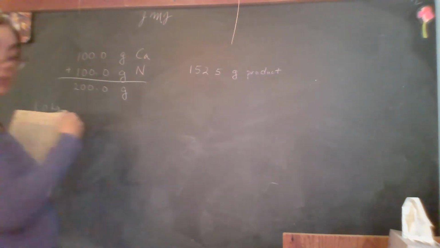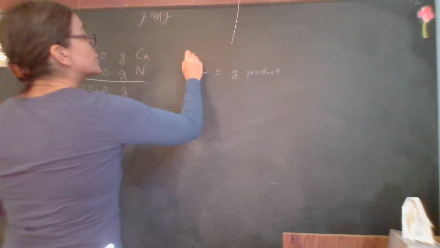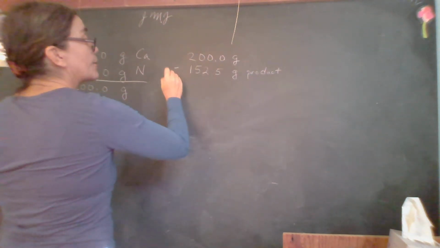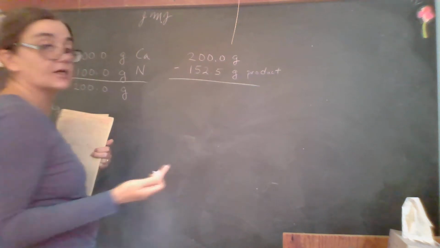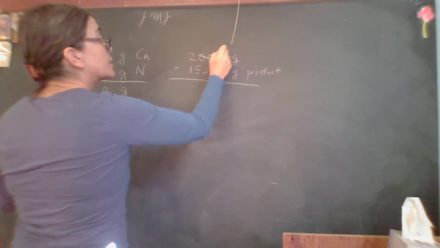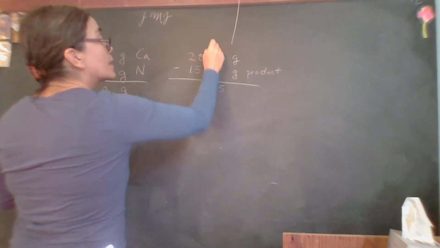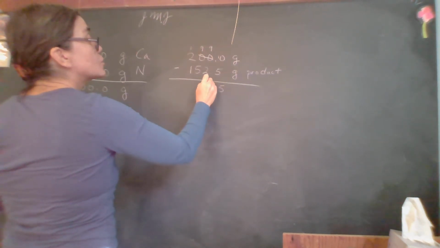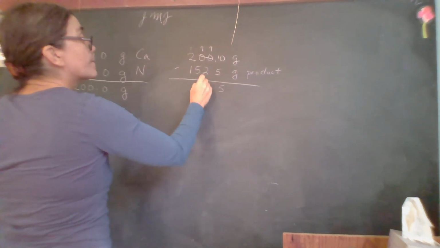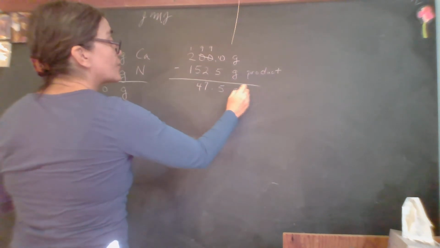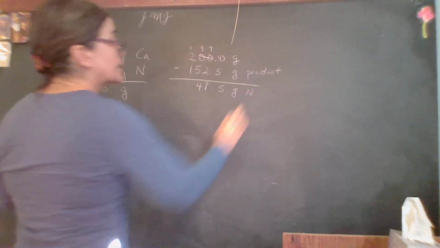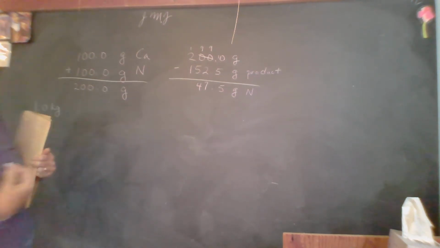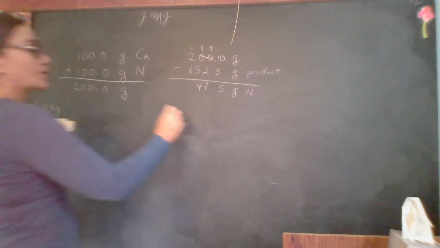Yeah, so we're going to subtract, right? So 200.0 grams minus the actual product will tell us how much was not used. It was 47.5. Okay, so 47.5 grams of nitrogen is not used, right? So how much nitrogen is used of the 100 grams?